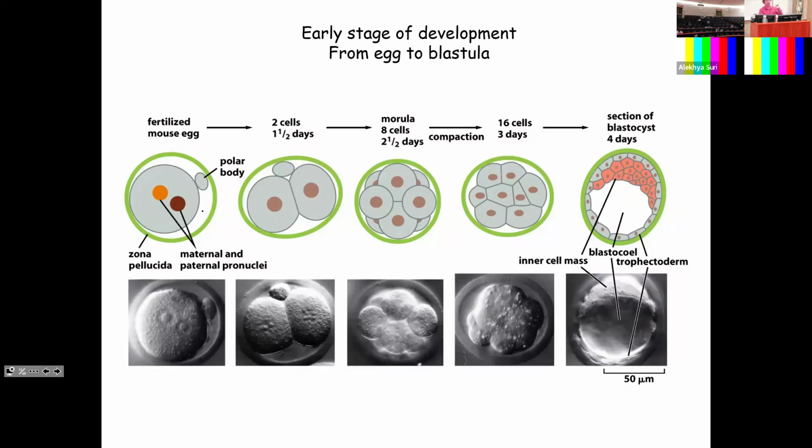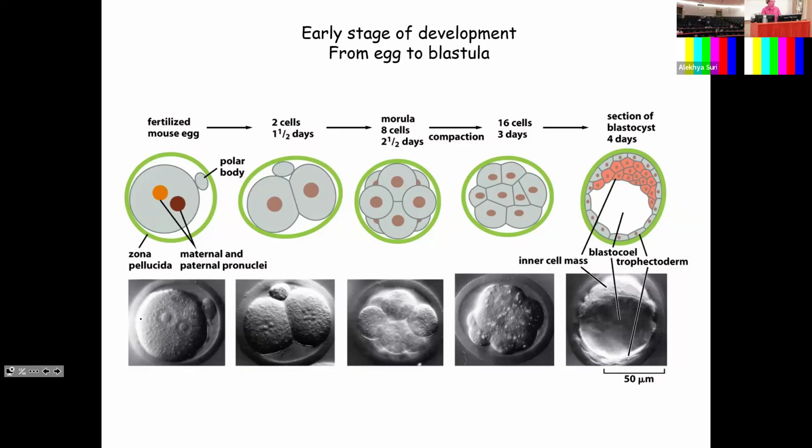It's only one cell, right? It's not an oocyte because it has what was provided by the sperm, and it's not a sperm either. It is a new entity. So this is how it looks. The egg, sorry, not the sperm, the egg.